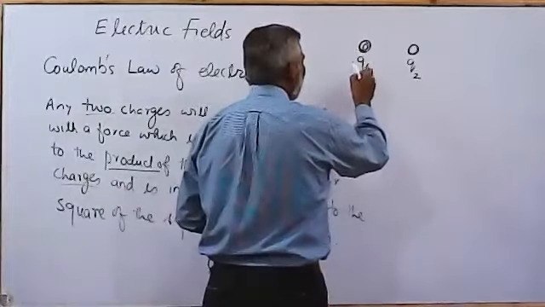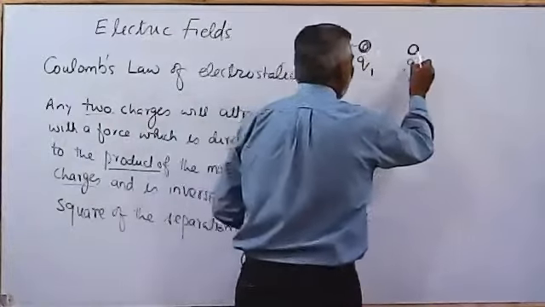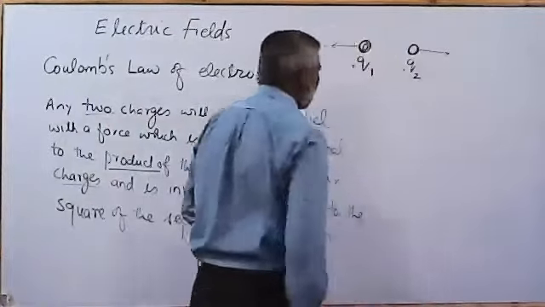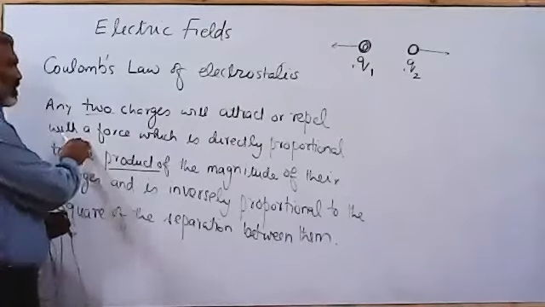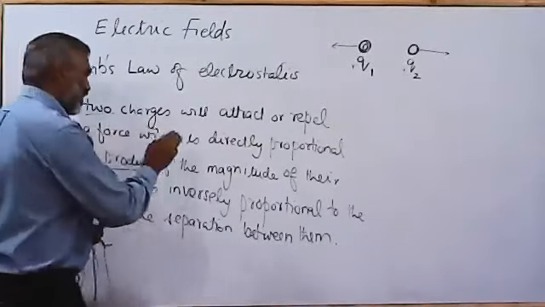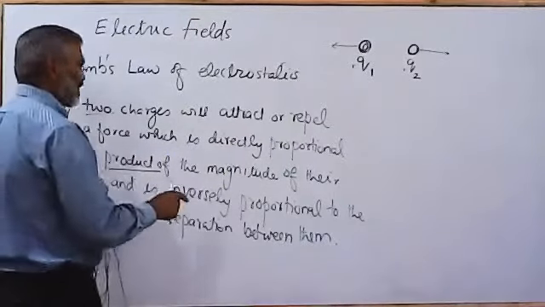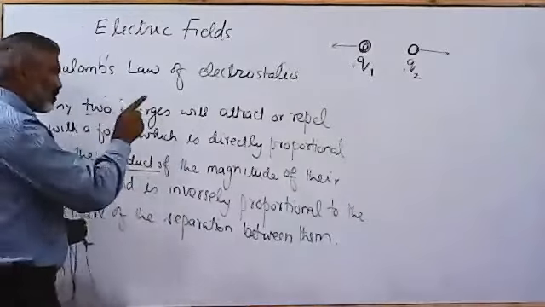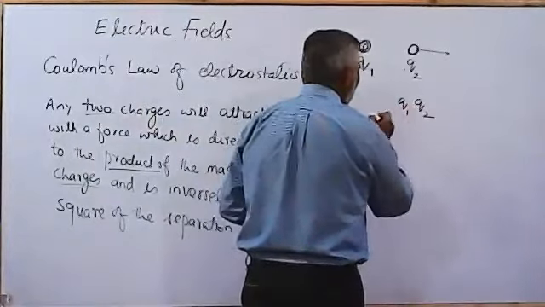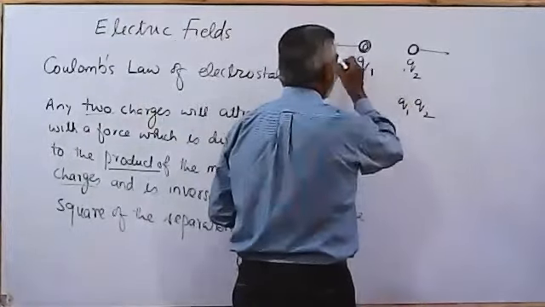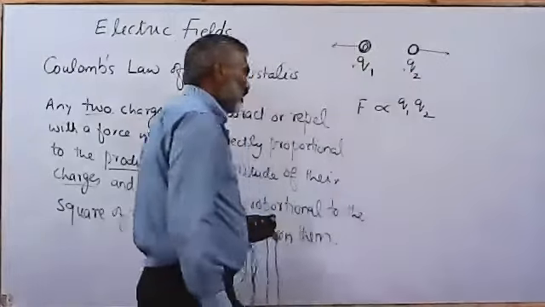If they are similar charges, let's say both are positive, they will repel each other. And the magnitude of this force, or simply the force with which they are repelling each other, one thing on which that force depends is the product of the magnitude of these two charges. That means Q1 and Q2. So that force which is being felt by these two, this is directly proportional to the product.